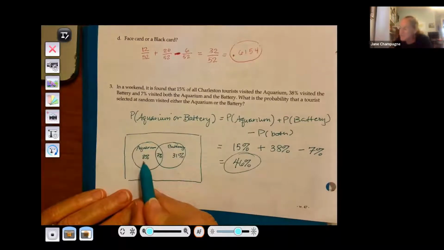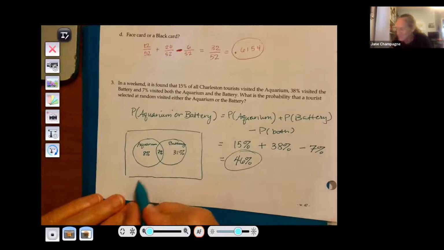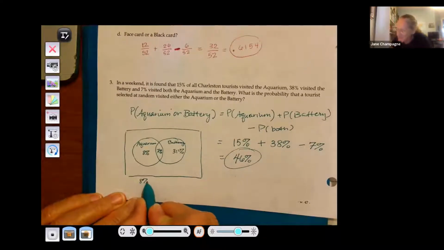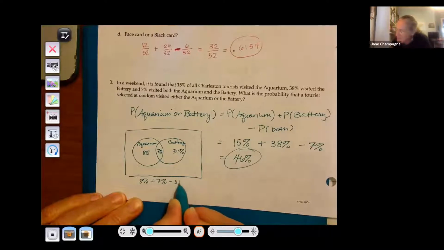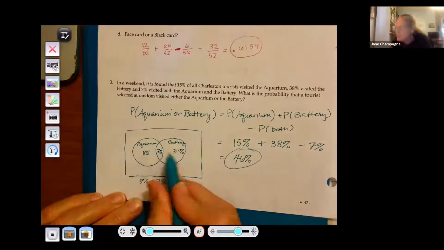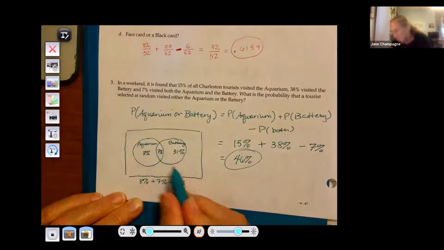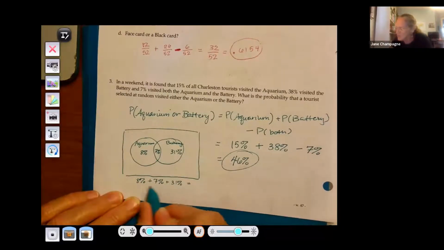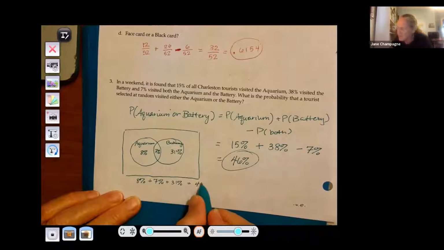So if you take these percentages where it's all nice and split out into mutually exclusive categories, you can see that you've got the 8% plus the 7% plus the 31% that went to the aquarium or the battery or both, also gives you 36%.